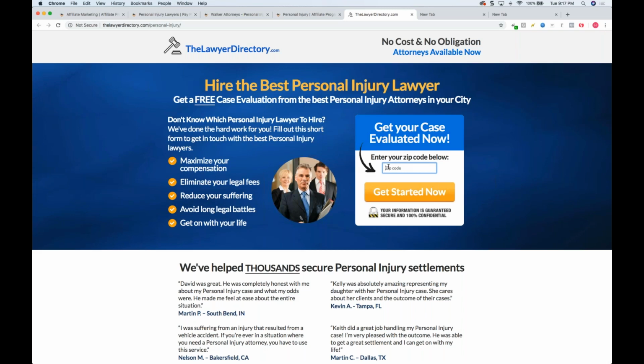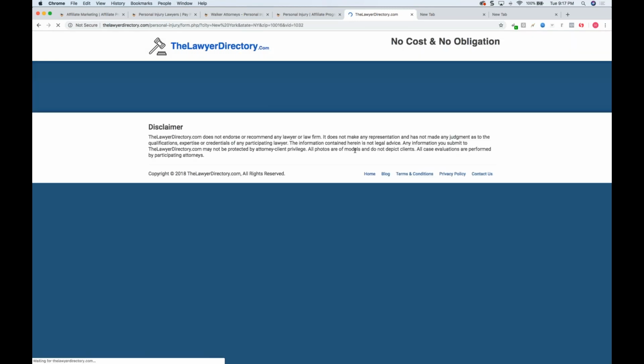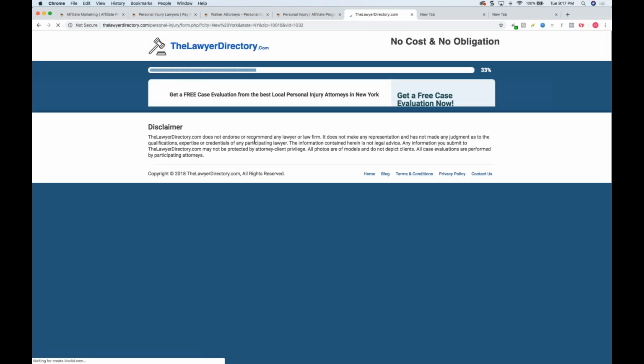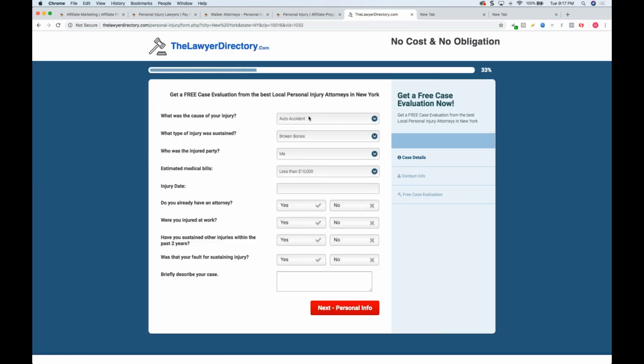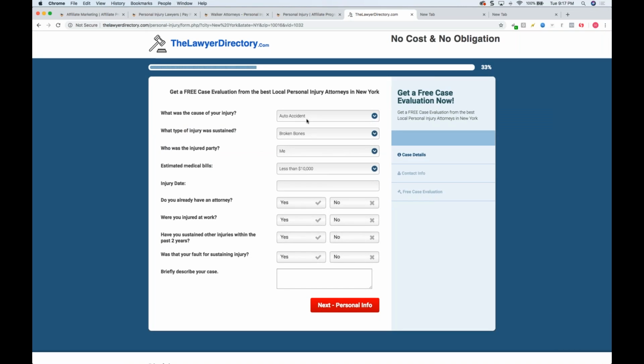So again, we can just start here. 10016. Just pick a zip code in the middle of New York City. And what they're doing here is taking you to a next form. So you're going to have to select your date, you're going to have to fill all of this out.